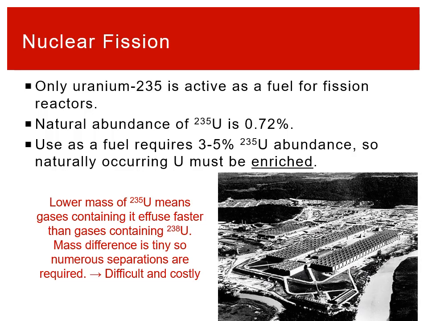So in the 40s, when we were trying to build a nuclear weapon, Oak Ridge, Tennessee was built as a facility to just enrich uranium. This is just a massive building, like football fields worth of buildings.